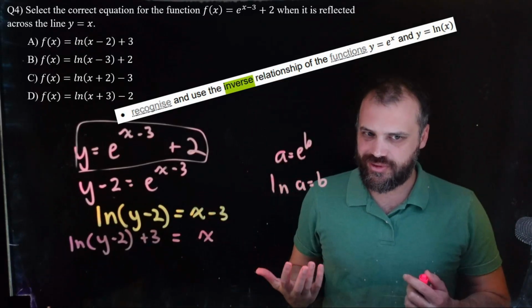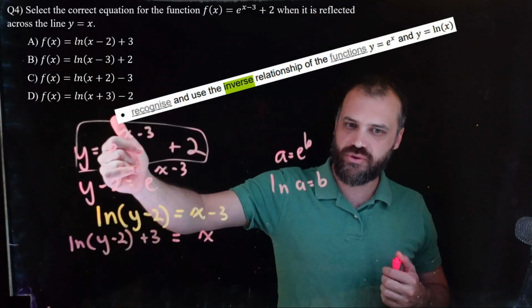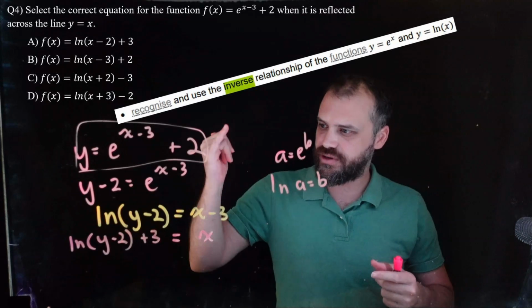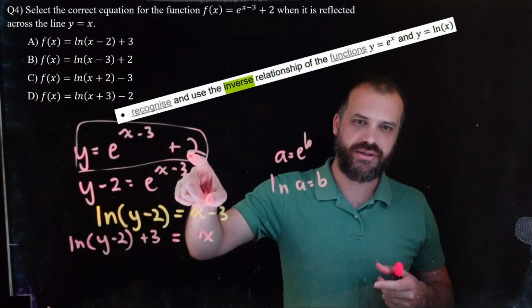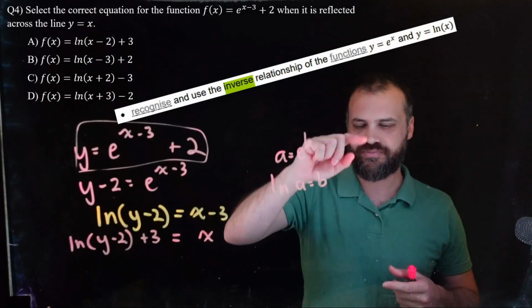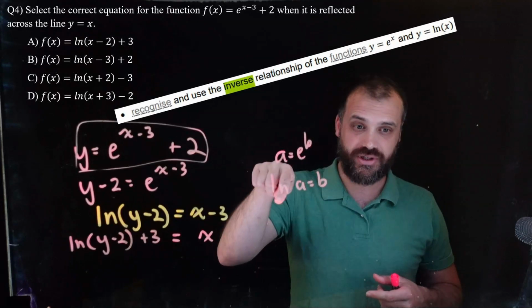Okay, what have I done? I haven't really done anything, right? All I've done is take something that was written in this form and rearrange it. If I type this into graphing software, I'll get an exponential function. If I type this into graphing software, I'll also get an exponential function, right?